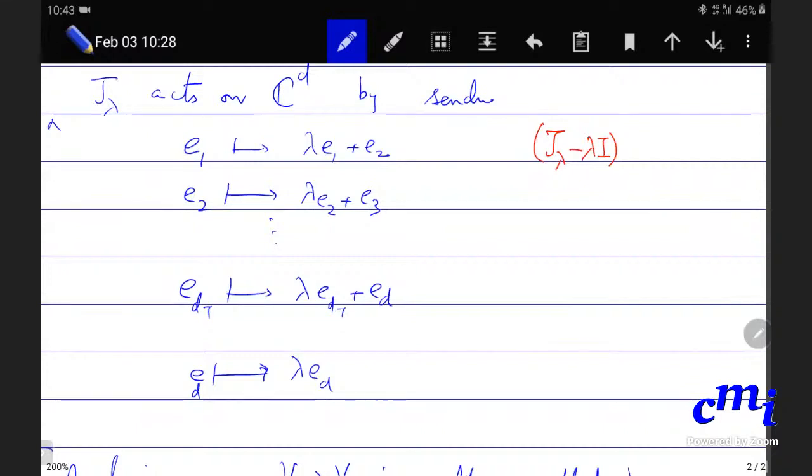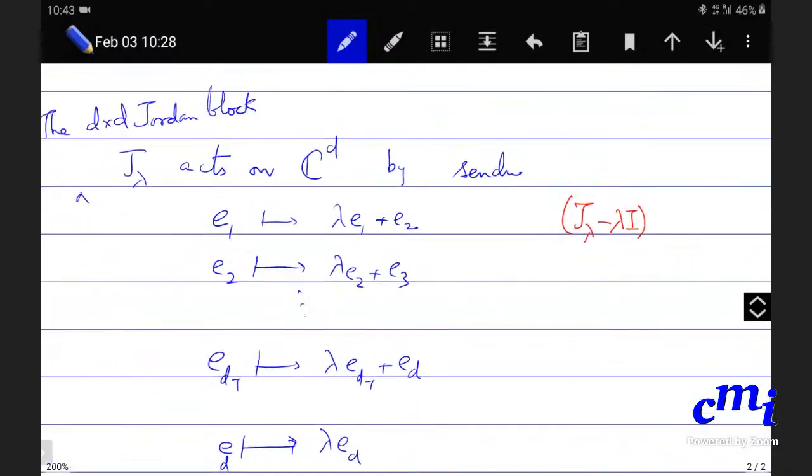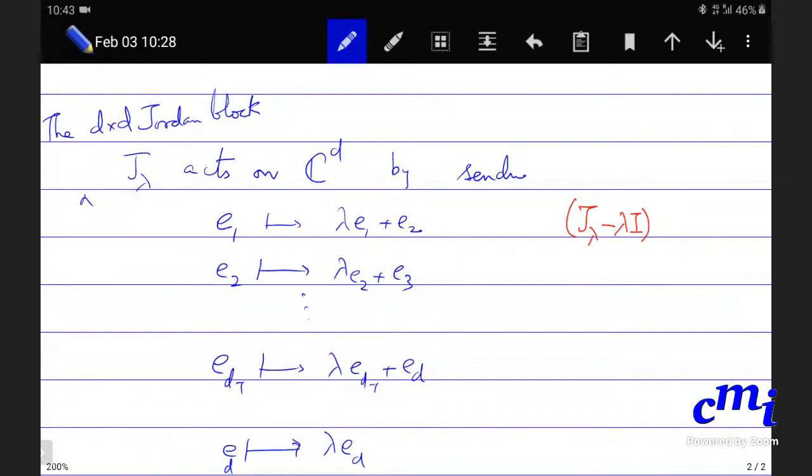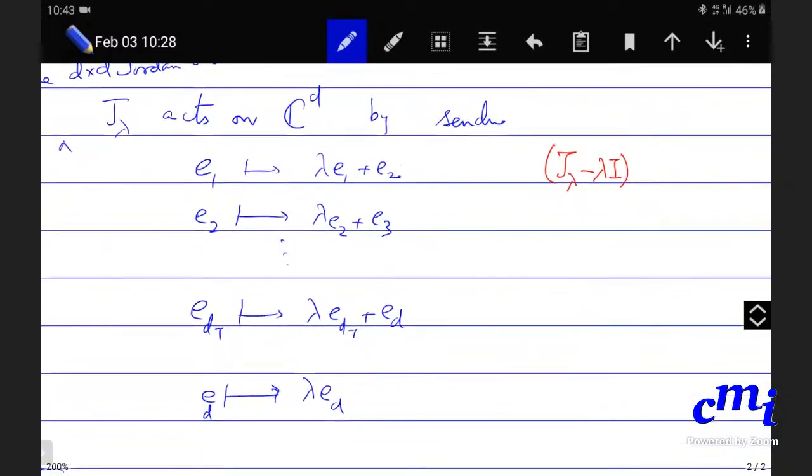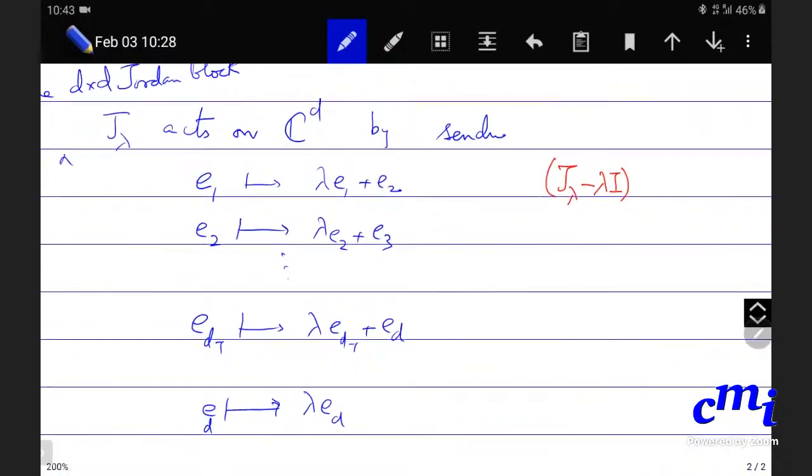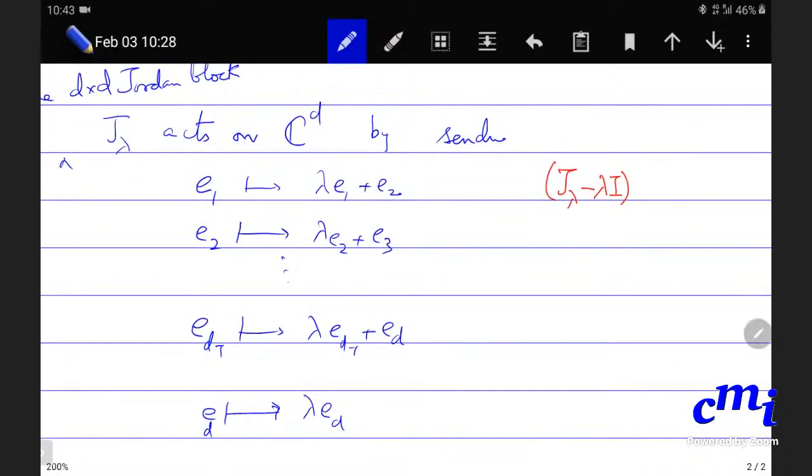Here I already use words that have technical meaning, which I have not defined. So I hope it's clear: when I say J lambda acts, what J lambda does to C^d is specified by this fact.